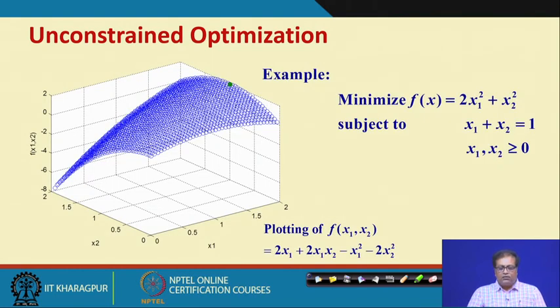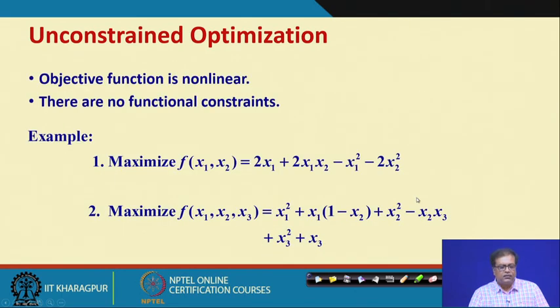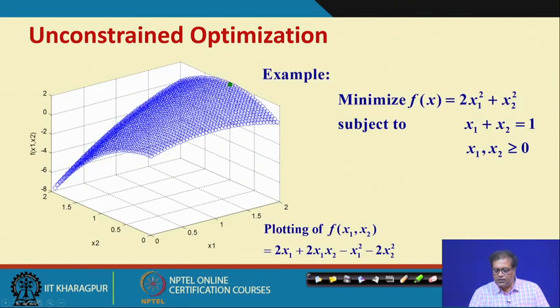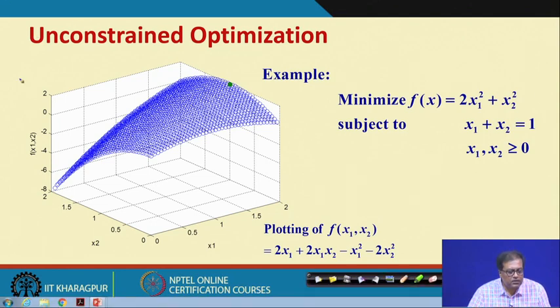Now the constrained optimization problem, on the other hand. Here if you look, this is not unconstrained. So, this is a constrained optimization problem.